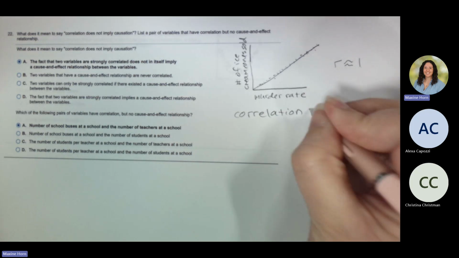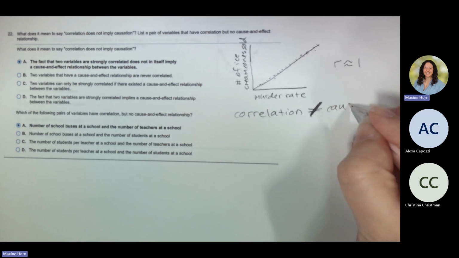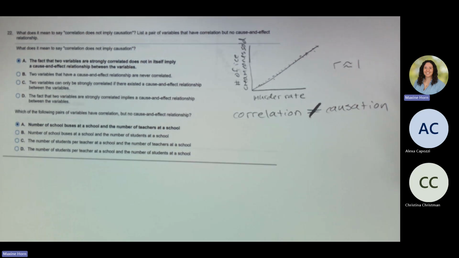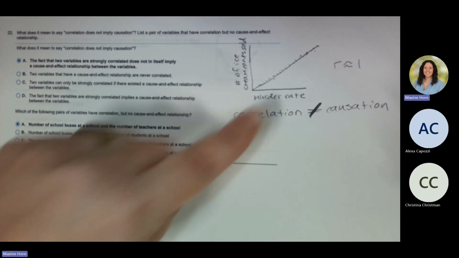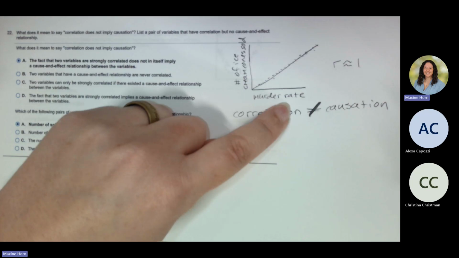Correlation does not equal causation. Did I spell that right? Correlation does not equal causation. I'm going to drill that into your heads too. What's happening here is there's another factor playing into it that ties these two things together. This is not causing this, and this is not causing this.